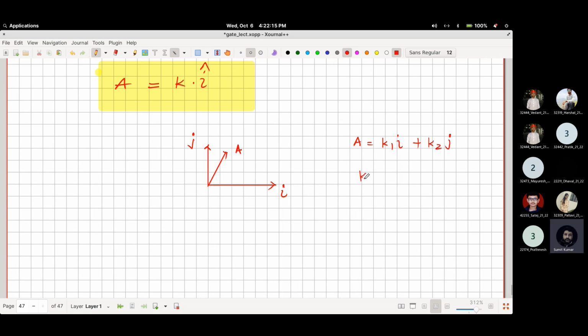What is k1 here? k1 is basically A dot I divided by I dot I, isn't it? So we already know all the vectors in a two-dimensional vector space.